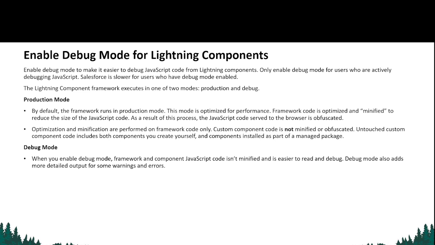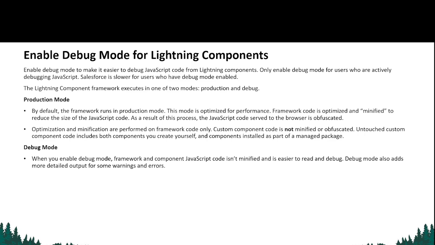Then we have the debug mode, because the Lightning framework supports two different types of mode. One is the production mode, where you are creating your custom components, and the second is the debug mode. The debug mode is enabled when you have created certain components, whether as a part of the user needs or as a part of the components installed in the package.